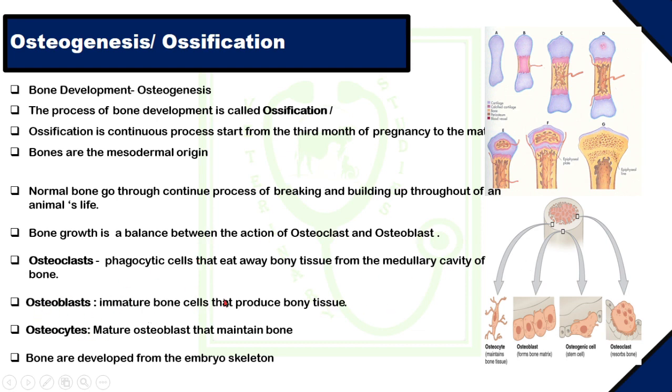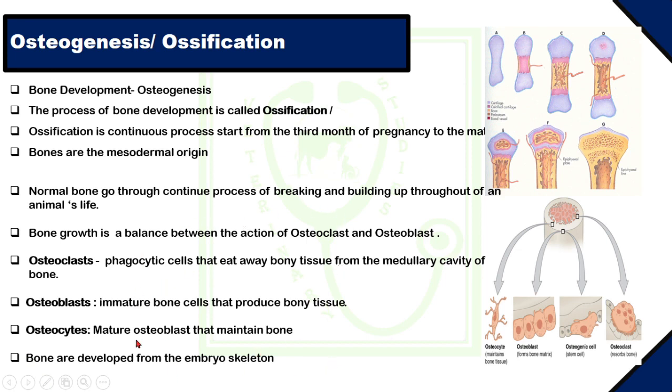Osteoblasts are immature bone cells that produce bony tissue. Osteocytes are the mature osteoblasts that maintain the bone. So osteoclasts continuously break the bony tissue, whereas osteoblasts continuously build or heal it. So bone growth is a balance between these two cells.